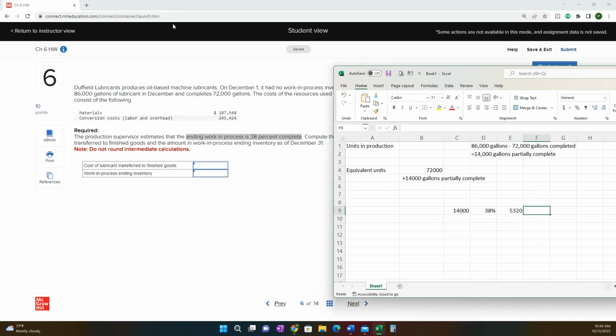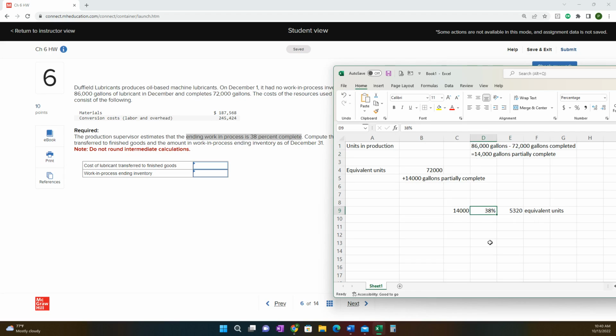So again, for the 86,000 that we started, we completed 72,000 and reclassified them as finished goods. The other 14,000 were just partially filled, only 38% of the way. So really, we don't have 14,000 additional units.